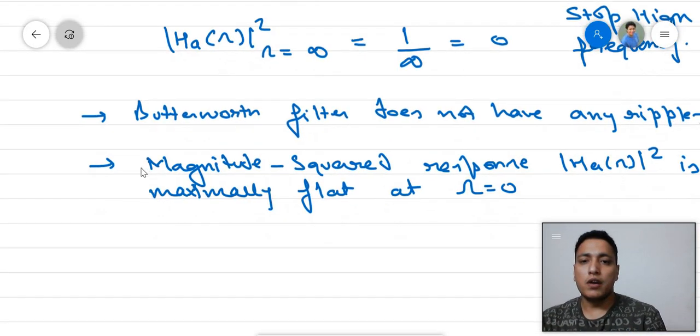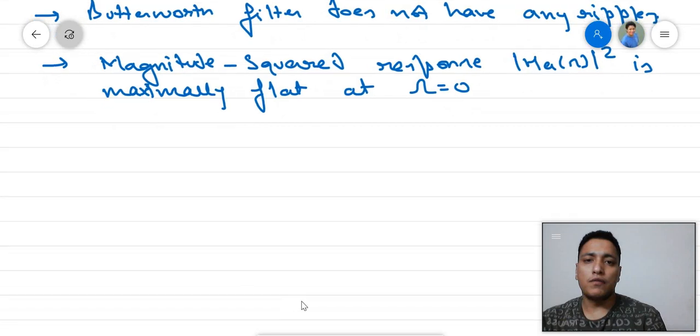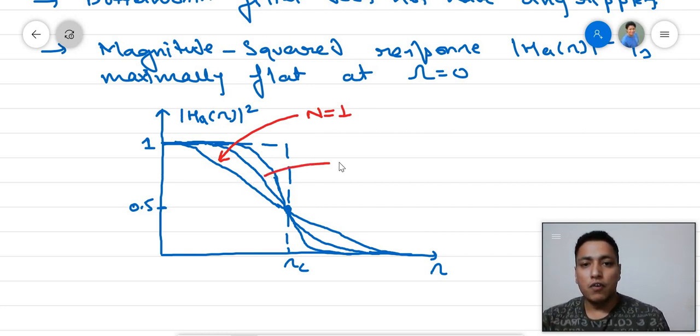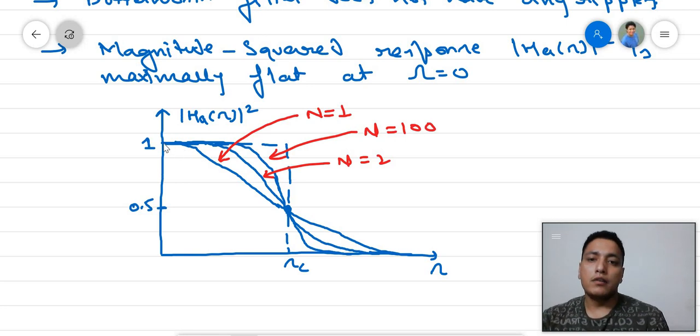So then we can draw the response of the Butterworth filter with varying values of n. For n equal to 1, a very low order, the frequency response will look like this. This one is for n equal to 2, and this one for n equal to 100, and a sharp response is obtained for n equal to infinity.